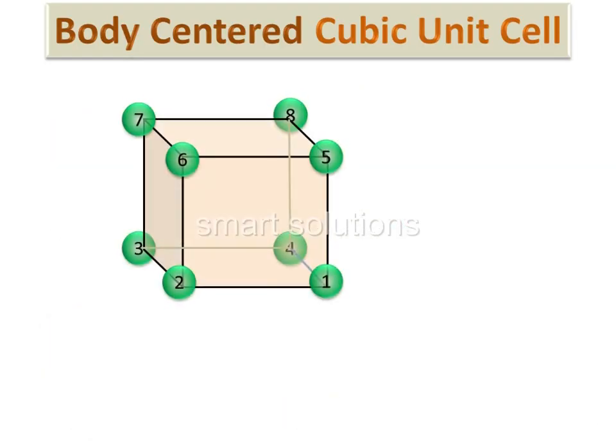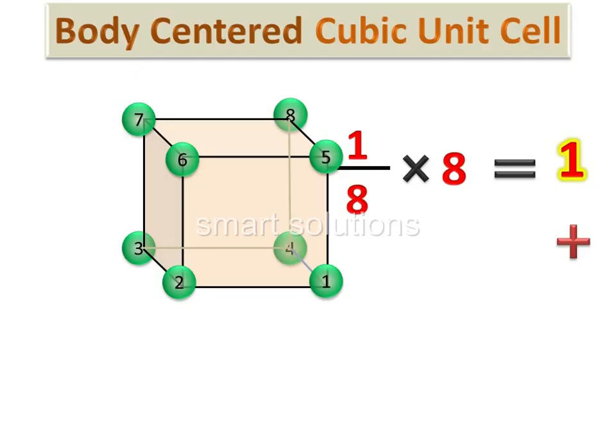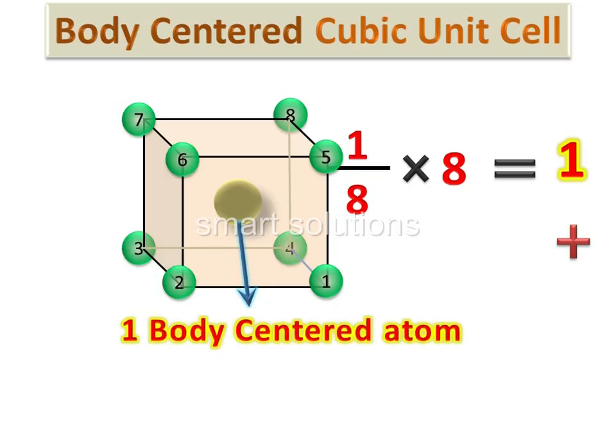As we know, we have 8 corner atoms, and each corner atom is shared with adjacent unit cells. So, 8 is multiplied by 1/8, which is equal to 1 atom. And one body-centered atom. The body-centered atom is not shared with any other unit cell.